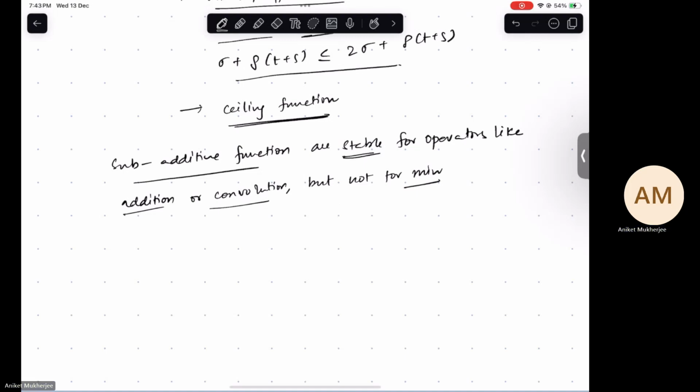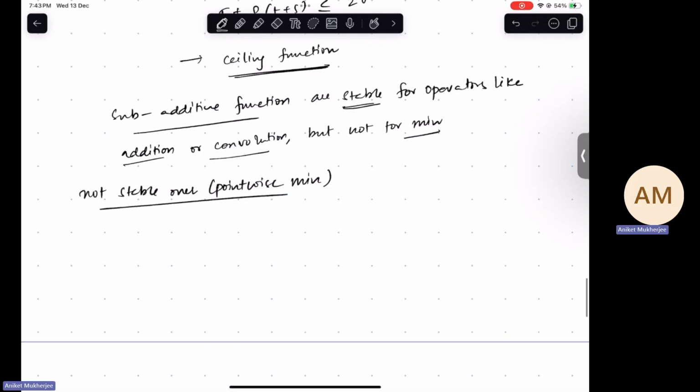So this is not stable over pointwise minimum. Let's give an example for it. Let f1 be 2t. This is subadditive, right?